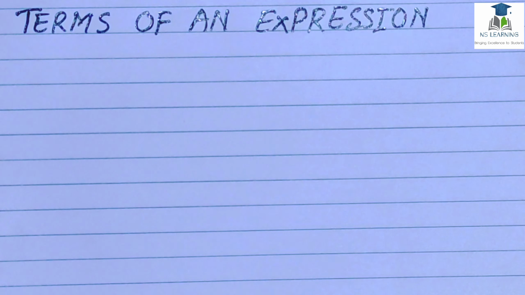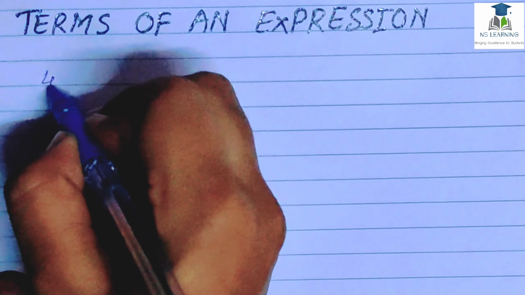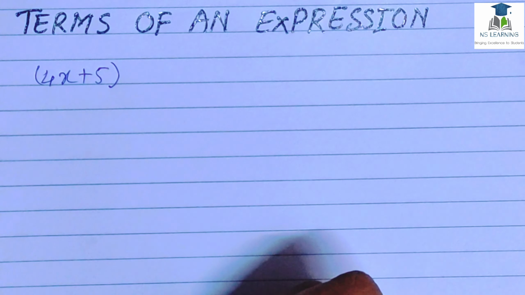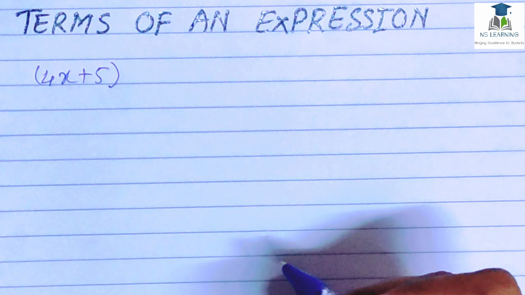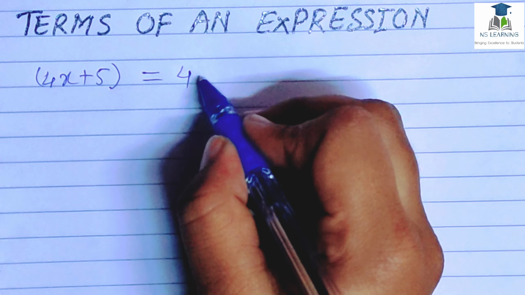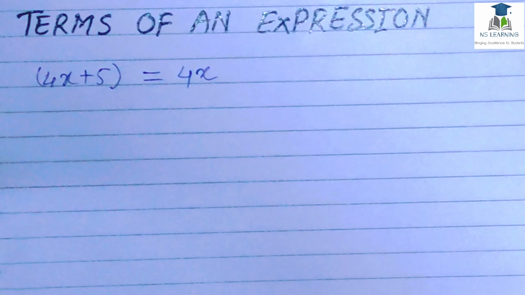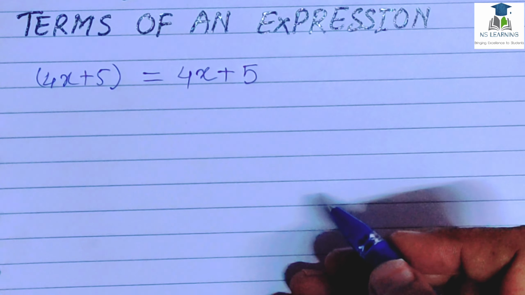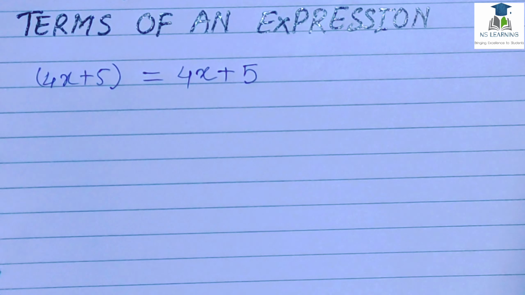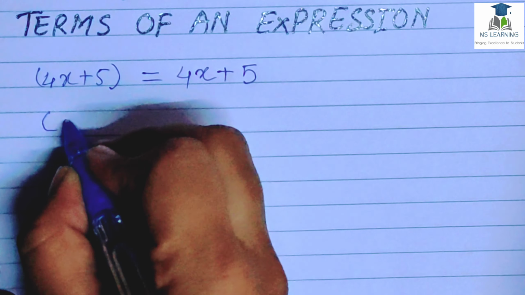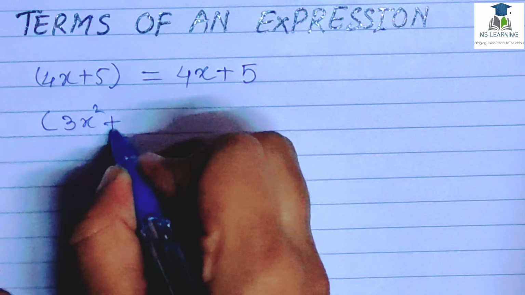Terms of an expression. Consider the expression 4x plus 5. In forming this expression, we first form 4x, then we add 5 to it. Similarly, we consider the expression 3x square plus 7y.